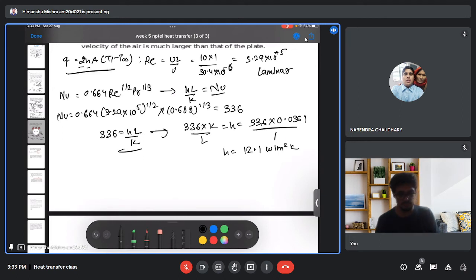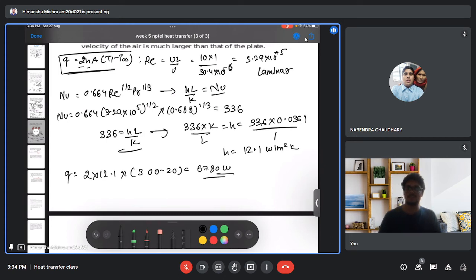Now I can use Newton's law of cooling to find out the heat transfer rate. So my heat transfer will be 6780.